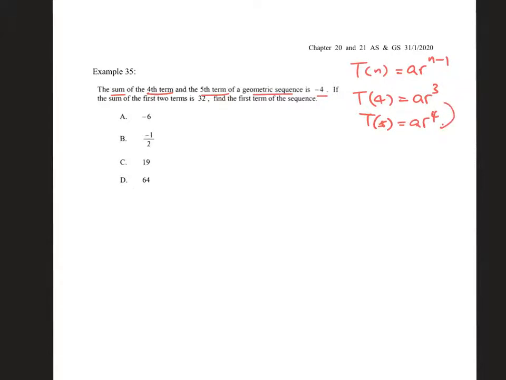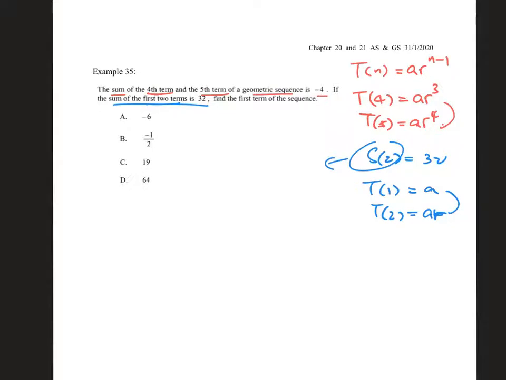Next, the sum of the first two terms is 32. There are two ways to understand it because you can think of S2 equal to 32 and use the formula. But because the first two terms are very easy, I prefer to say T1 is a, T2 is ar, and then you sum them up, it's 32. Does it look easier?